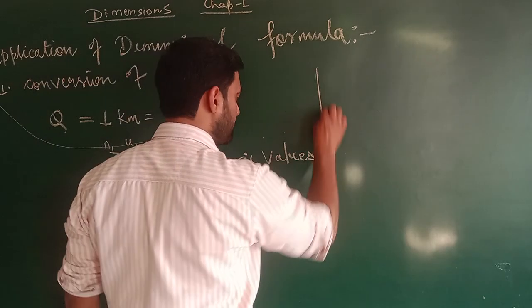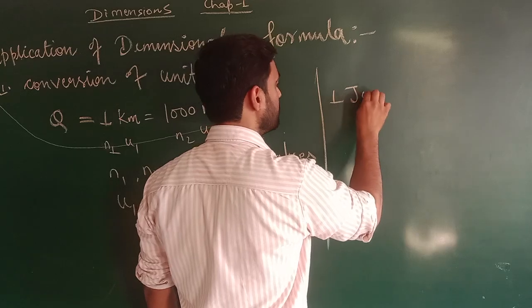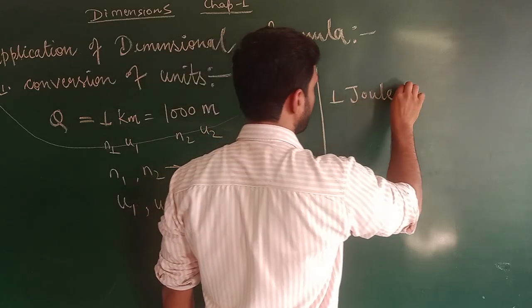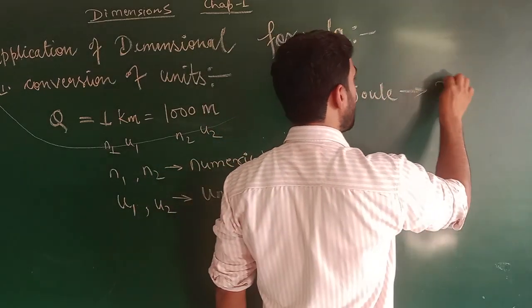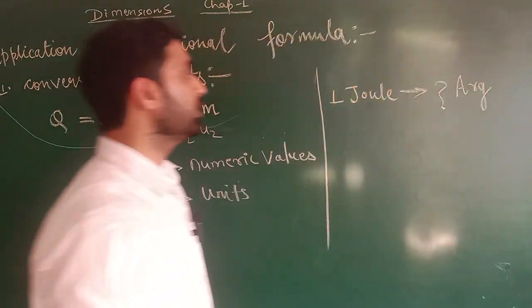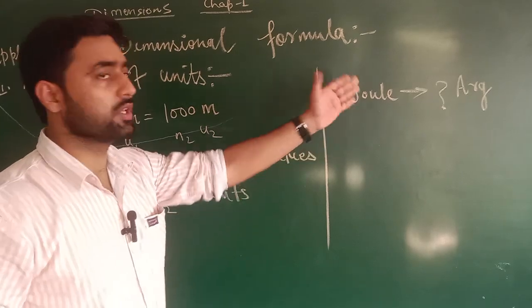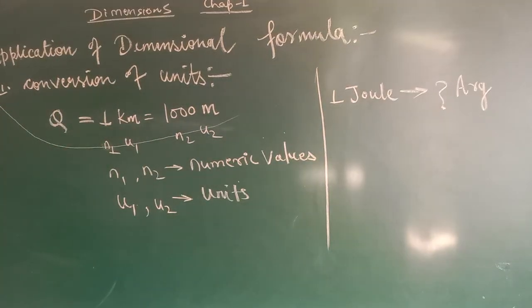Our question will be something like this: convert 1 joule into erg. Basically the question is how many ergs are in 1 joule? Let's solve this question in order to understand the concept.